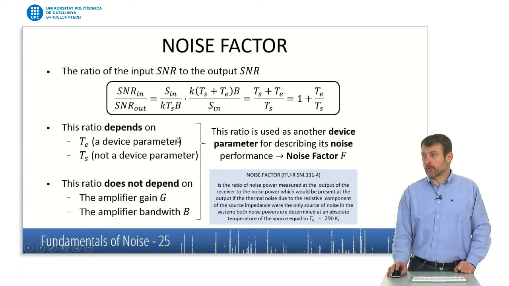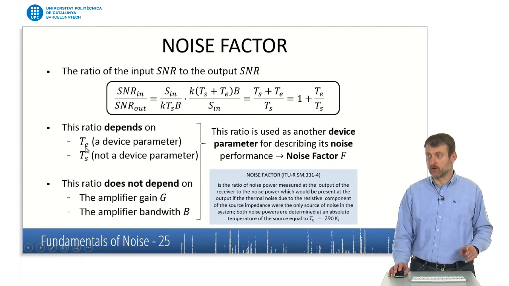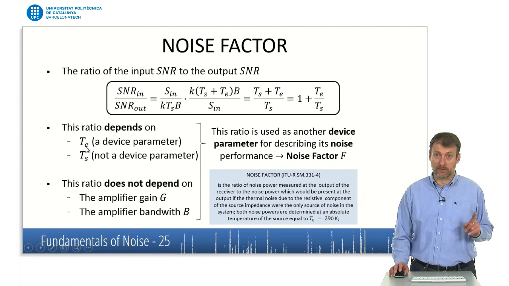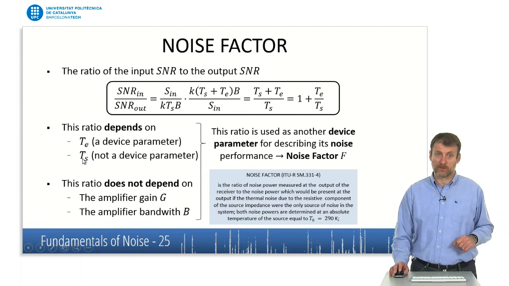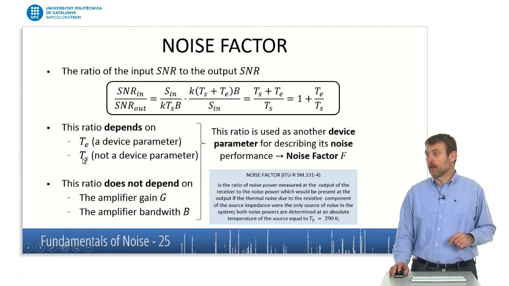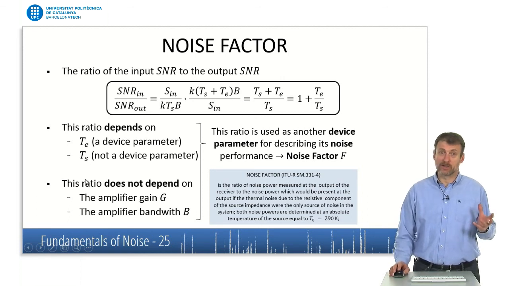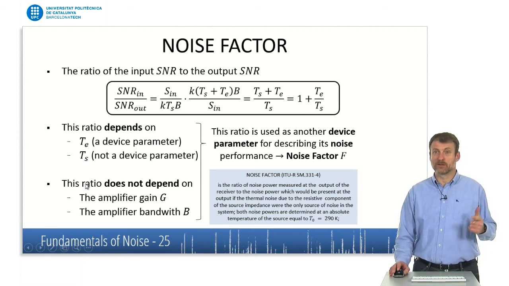Note that this degradation depends only on the ratio of equivalent temperatures, right? It depends on the ratio of the equivalent temperature of our receiver to the equivalent temperature of the antenna or whatever source that we have. This degradation in signal-to-noise ratio does not depend on the gain of the amplifier, it does not depend on the bandwidth, and on many other things.